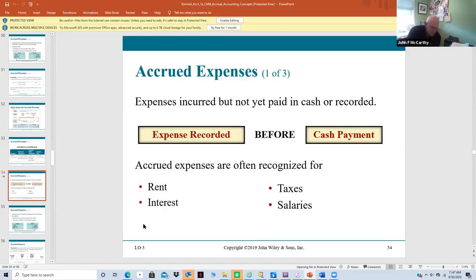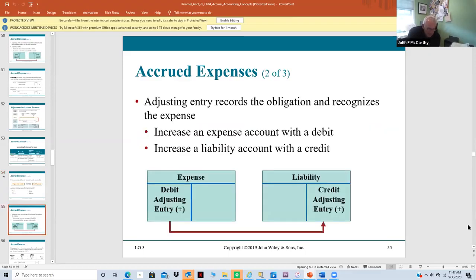Same thing for interest. This is the other side. If I borrowed money, but I only have to pay interest twice a year, every month you still have to recognize interest expense: debit interest expense, credit interest payable. And rent expense is again the same concept. We'll leave that alone. So the accrued expense entry is debit expense and credit the liability, be it income tax payable or salaries and wages payable.